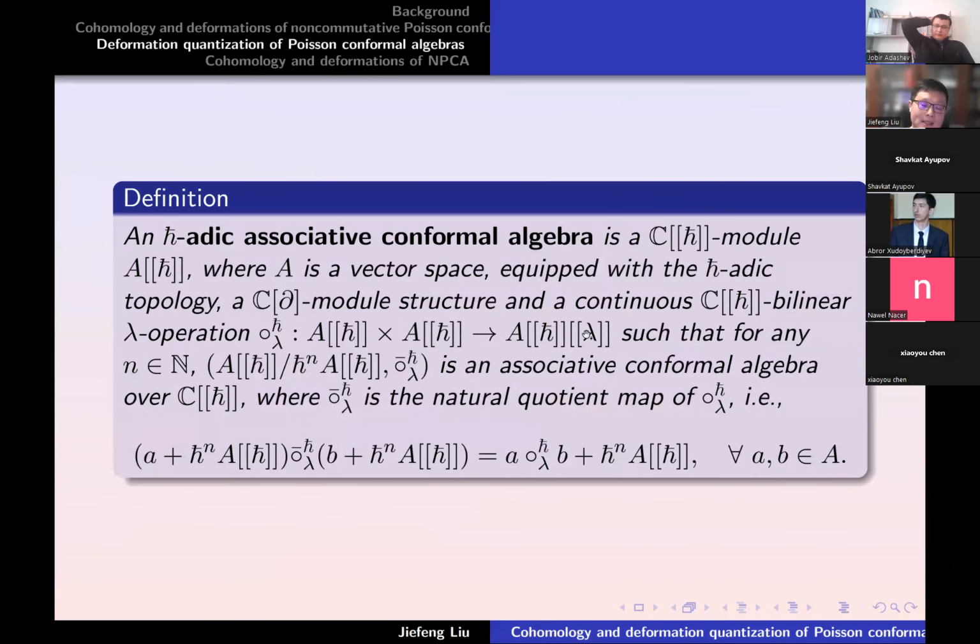To overcome this problem, we introduce this definition.